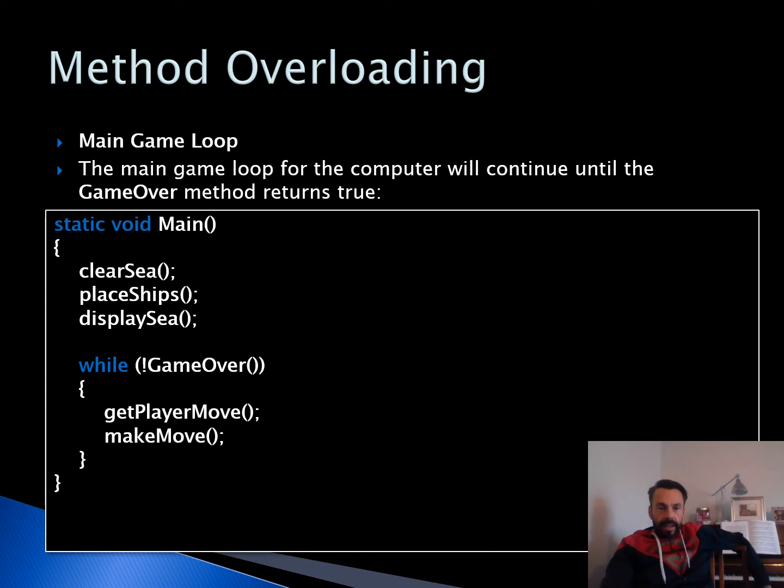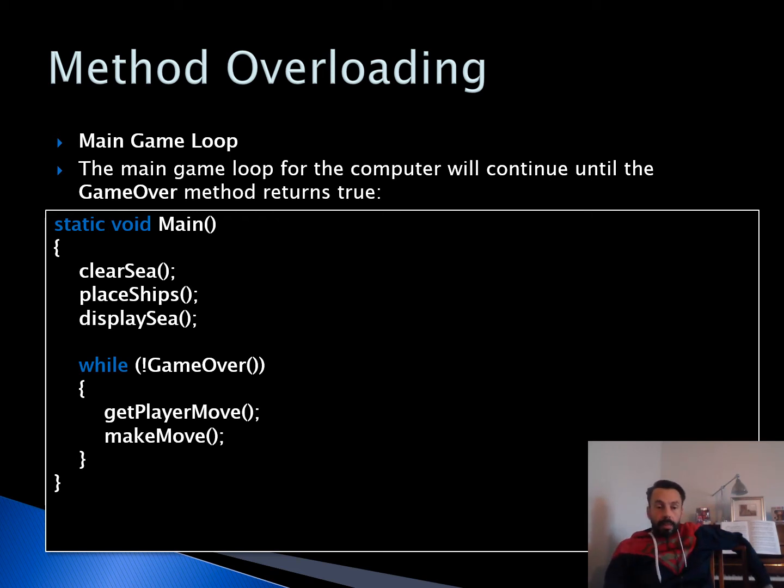But anyway, let's have a look at this. The main game loop. So we've got a main game loop for a computer game. We'll continue until the game over method returns true. Now, this is obviously battleships or something. This wasn't my example, but you've got clear the sea, place the ships and display the sea. And while the game is not over, you're getting the player move and they're making a particular move.